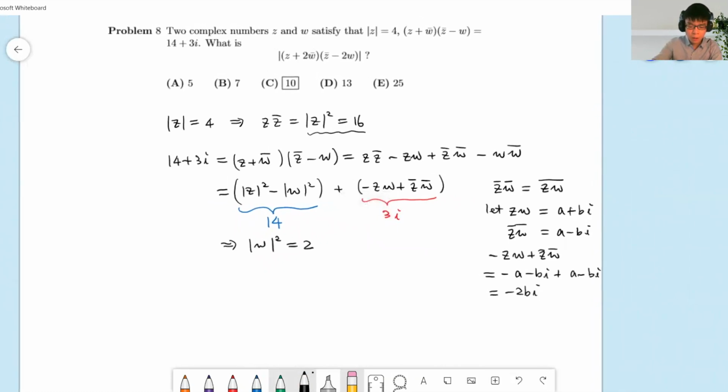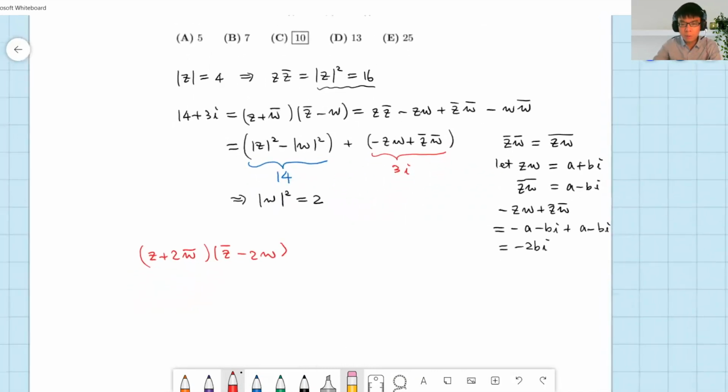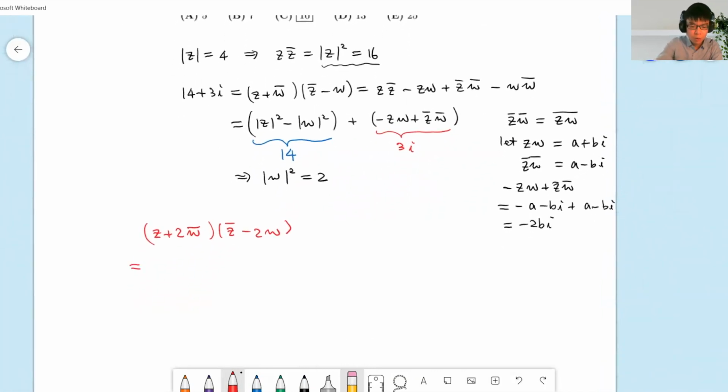The second part here is z plus twice w conjugate times z conjugate minus twice w. Now let's open this. It equals z times z conjugate minus twice zw plus twice z conjugate w conjugate minus 4 w w conjugate.